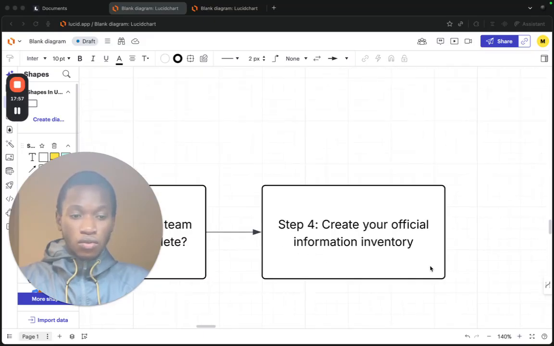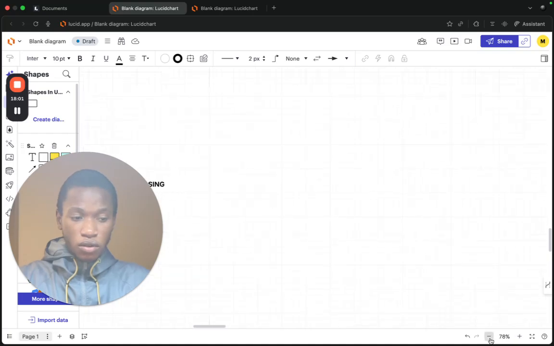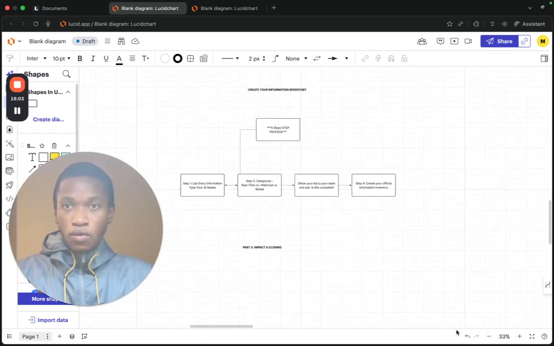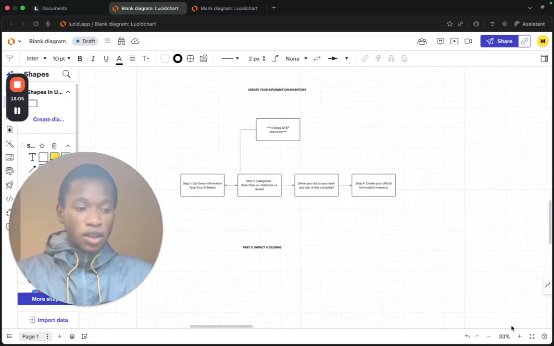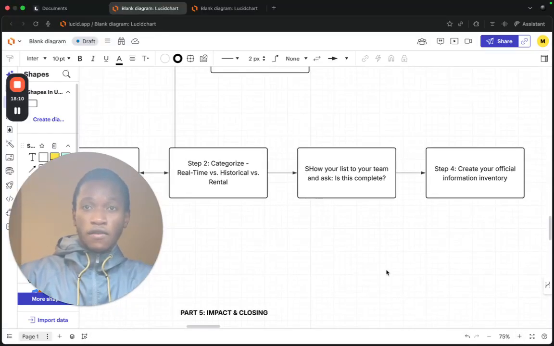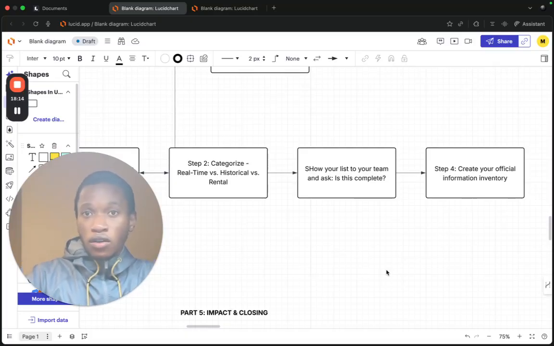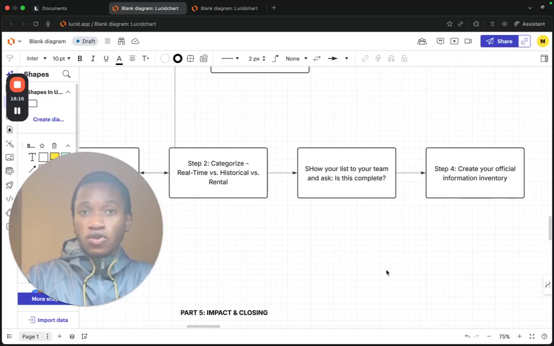And so essentially what happens is, let's look at the current frustration. In this state, here's what you feel. You're like a conductor trying to lead an orchestra where half the musicians haven't shown up and the sheet music is incomplete.